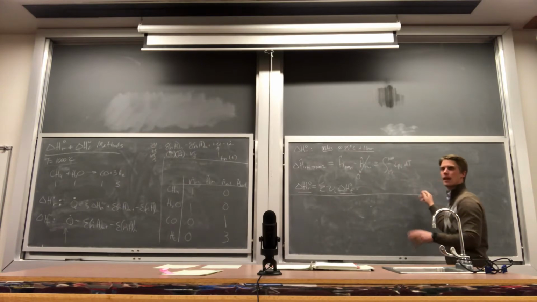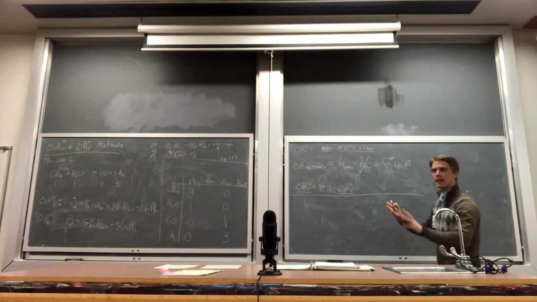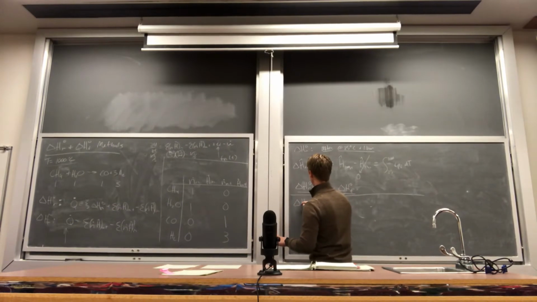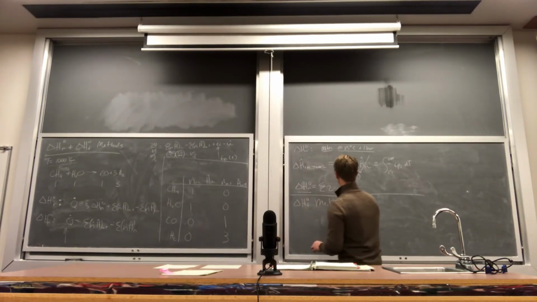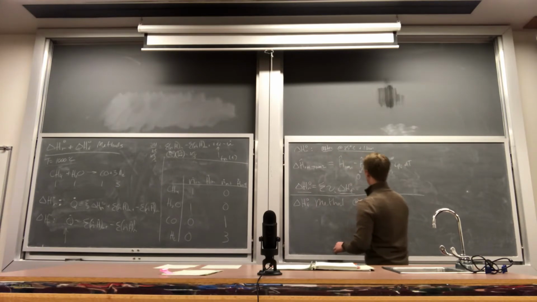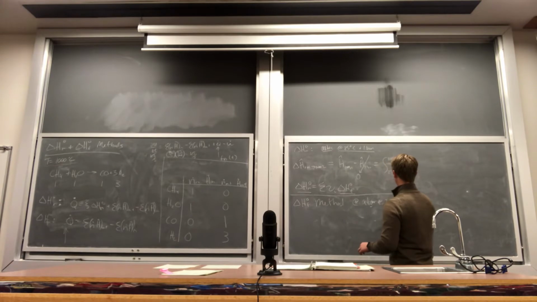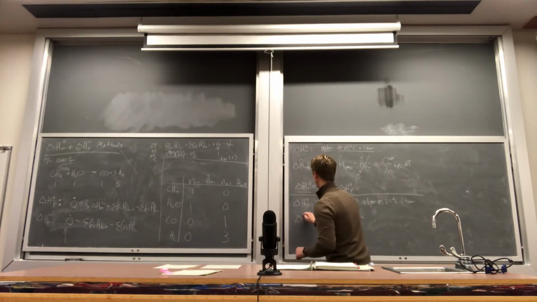Then I'm going to write them in a way that shows that they're exactly the same thing. So in the heat of formation method, our reference state here is the atomic species at 25 degrees C and 1 bar. So same approach.